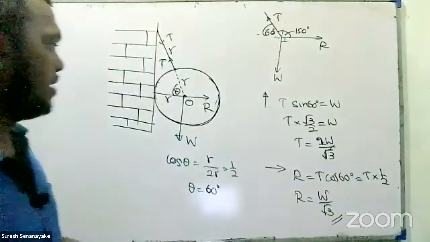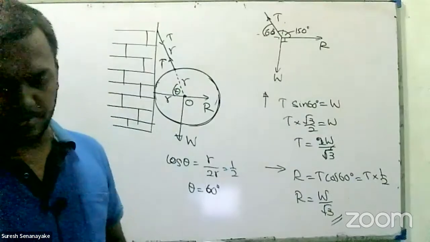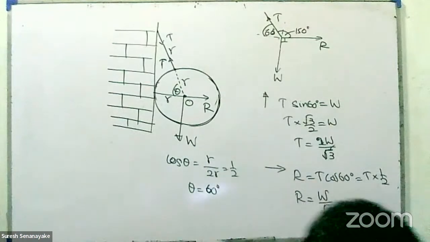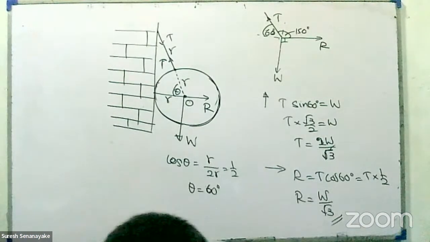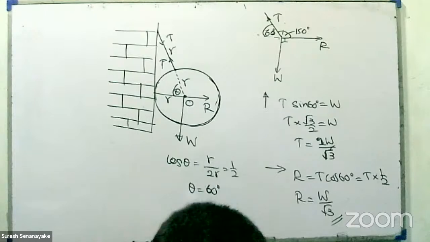This is how you can find R and T in terms of W. If you couldn't understand, let me know, then I will explain again, but you can copy down. Is anyone having any difficulty? If you don't know how to get the answers, let me know and I'll explain.